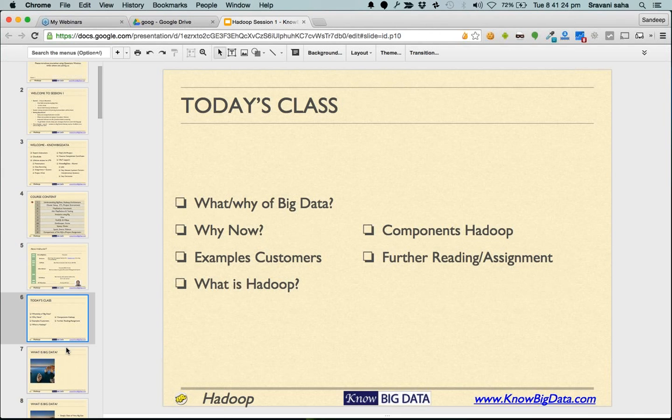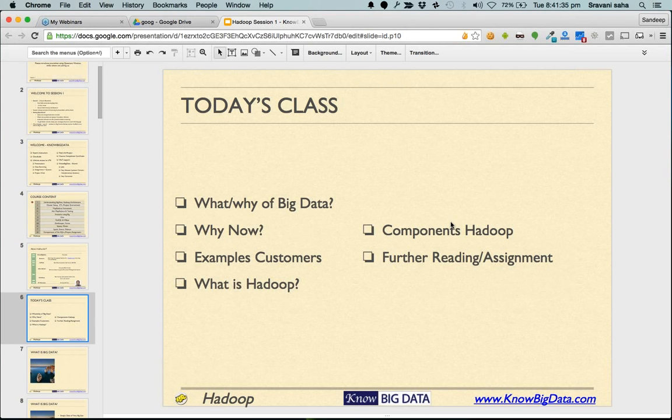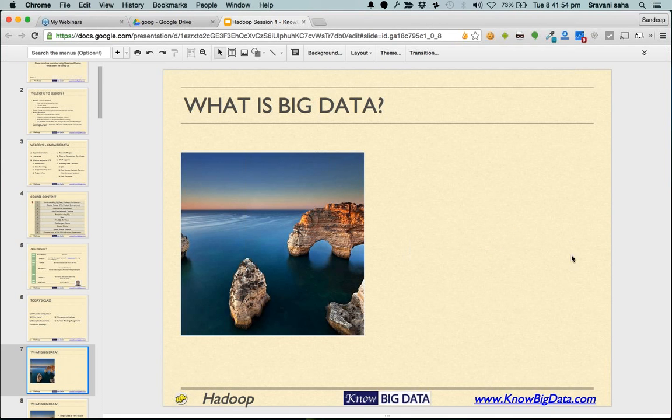If you are already aware of these components, then it is up to you whether you want to continue or leave. The whole session is around discussion, it's not one way. So keep on asking questions, since there are many attendees in this class. Please type the question because everybody else is muted. So keep on asking questions.